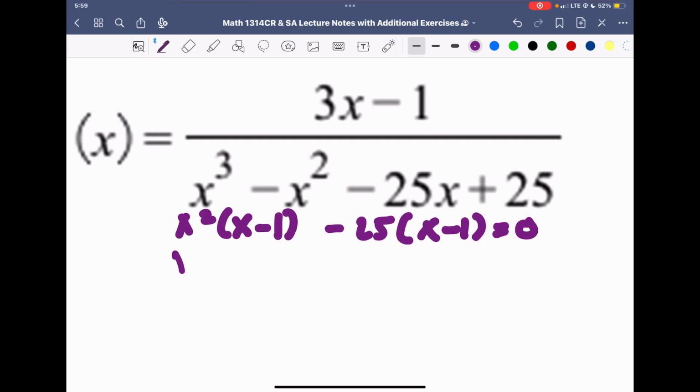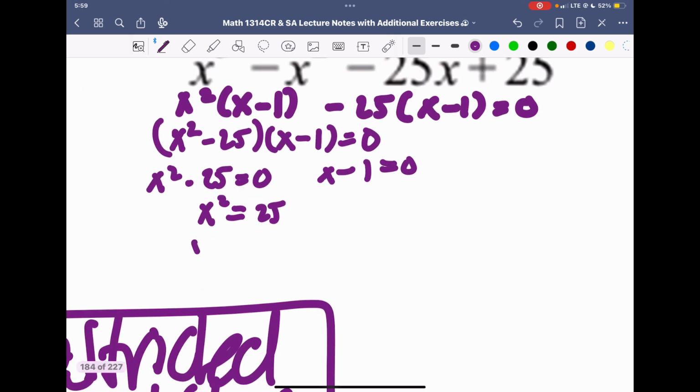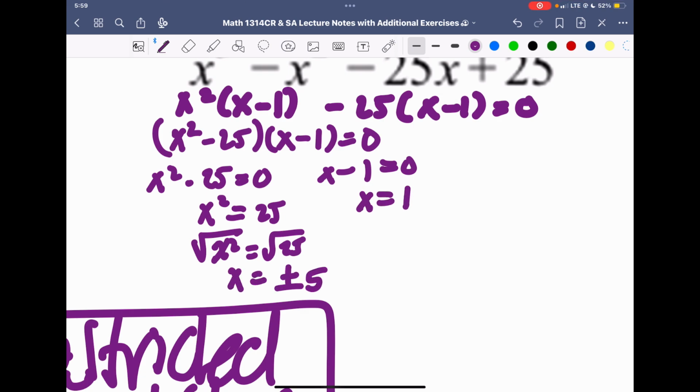Then I get (x squared minus 25)(x minus 1) equals 0. You have to solve for x here. x squared minus 25 equals 0, and x minus 1 equals 0. This becomes x squared equals 25. We add 25 to both sides and take the square root of x squared and the square root of 25. x equals positive and negative 5. And then from this one, x equals 1.